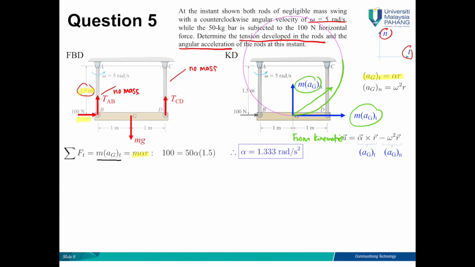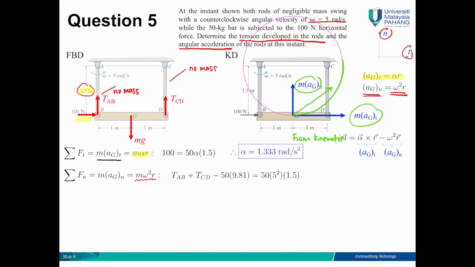Now we still want to calculate the tension developed, so we move on to the second equation. We calculate the total force in the normal axis, which is equivalent to m AGN, and AGN equals omega square times r. So we have m times omega square times r.